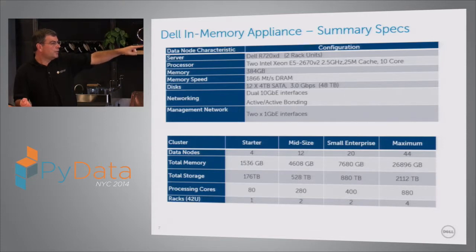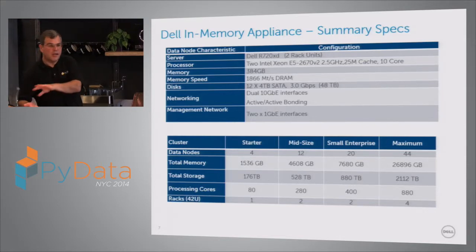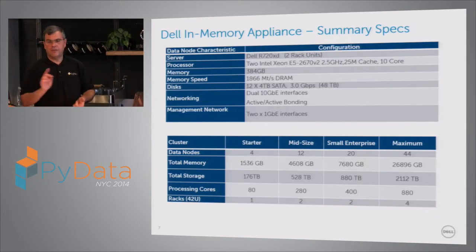In terms of storage, you're looking at anything between 176 terabytes up to 2 petabytes. That is raw storage, so I haven't done any fudging on those numbers to account for operating system or Hadoop replication. In practice, you're going to have about a third of that in terms of usable storage for Hadoop, because it's going to make 3 copies of the data.